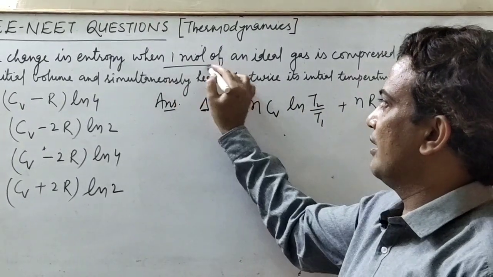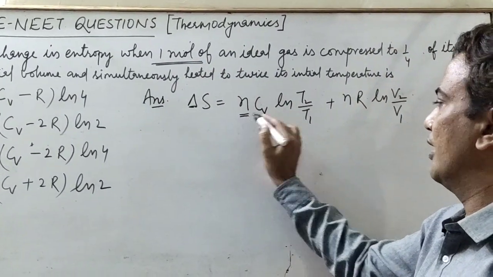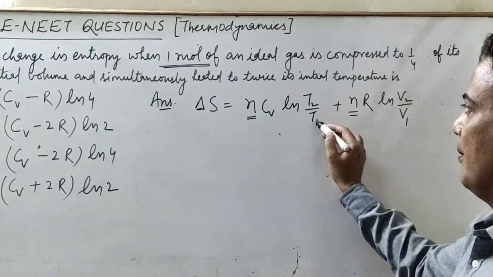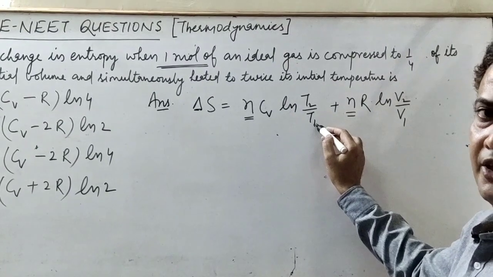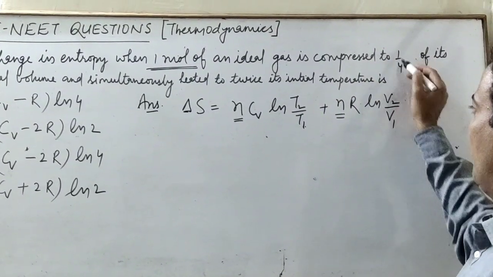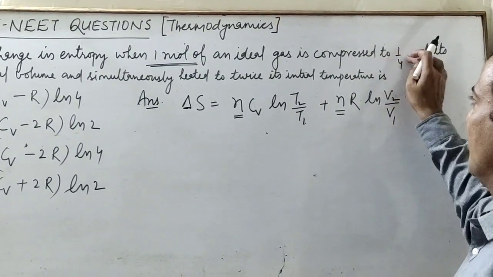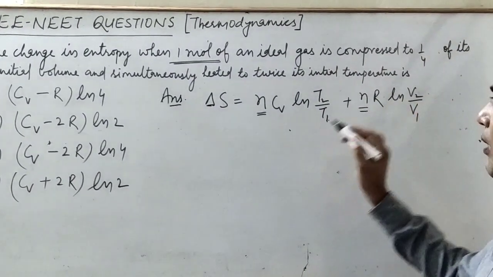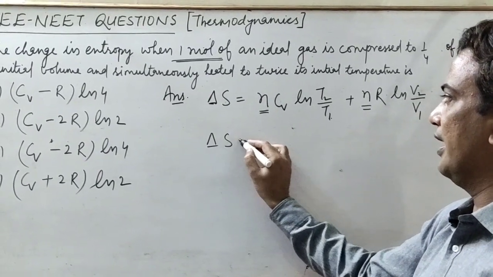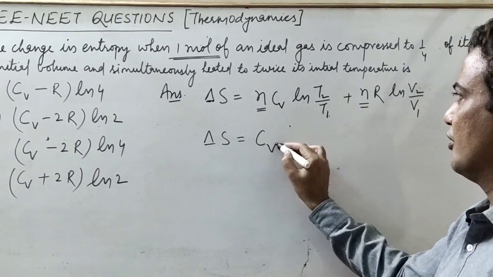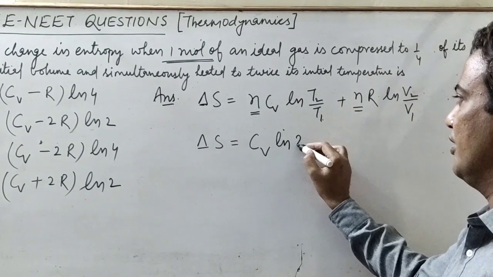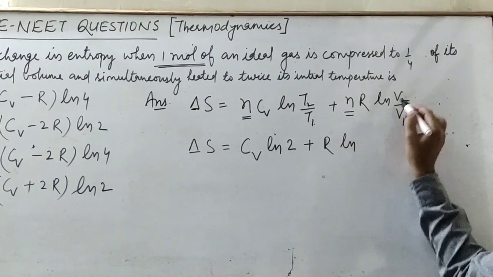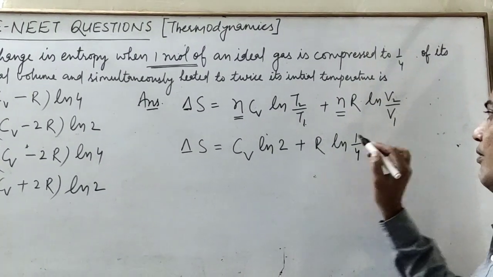Since 1 mole of gas is given, n is equal to 1. Temperature T2 is double of temperature T1, so T2 upon T1 is equal to 2. Volume is 1/4 of its initial volume, so V2 upon V1 is 1/4. Putting the values, delta S is equal to 1 Cv log 2 plus 1 R log 1/4.